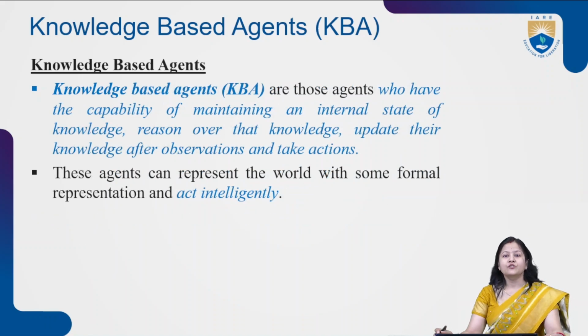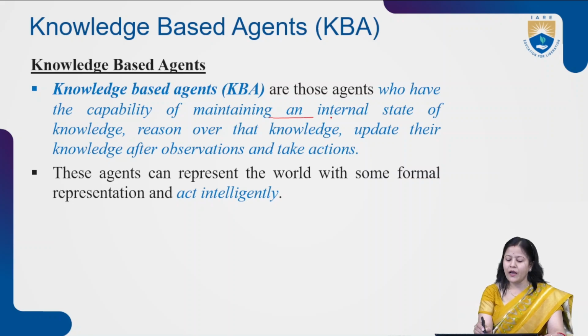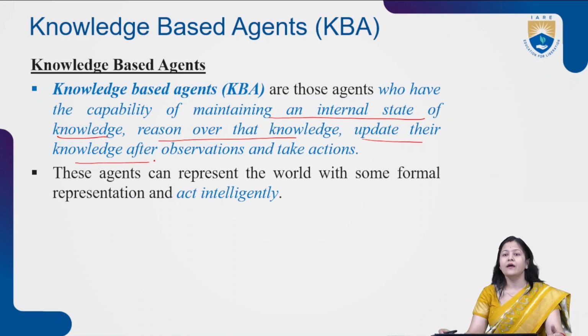Now, what is a knowledge-based agent? Knowledge-based agents are those agents which have the capability of maintaining an internal state of knowledge, reasoning over that knowledge, updating their knowledge after observations, and taking actions.